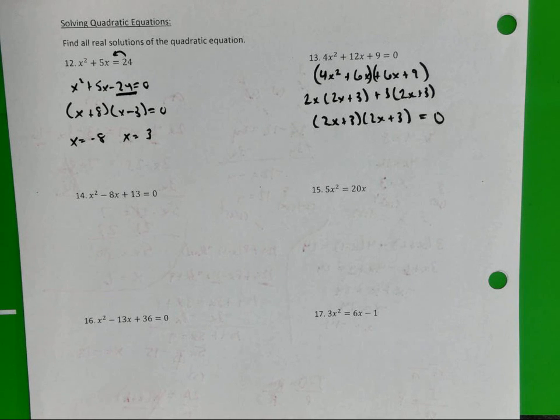Hey, look, we're not finished strong. I want you to compare what you got so far. Does your factored form look the same as what I got? 2x plus 3 times 2x plus 3. Regardless of the method you used, you'll get that.